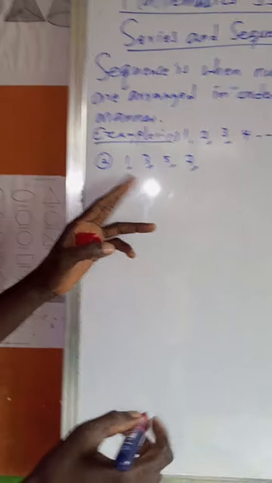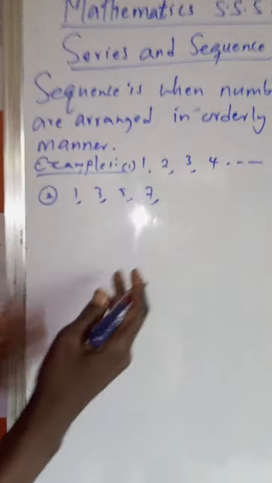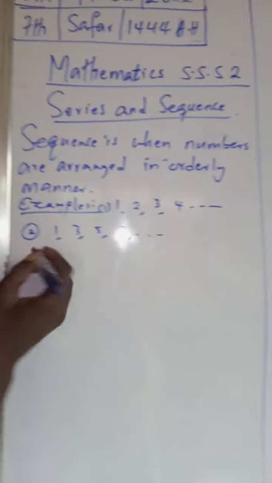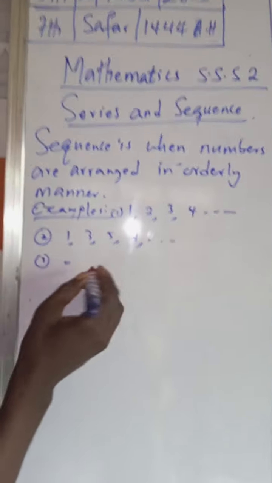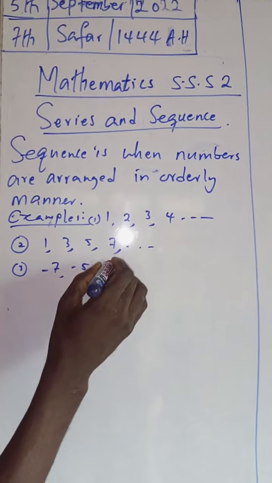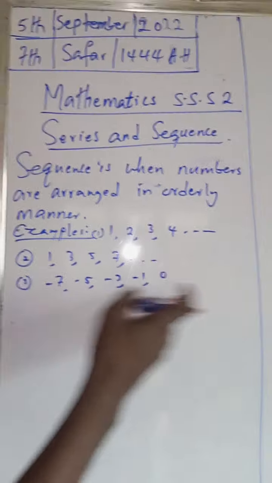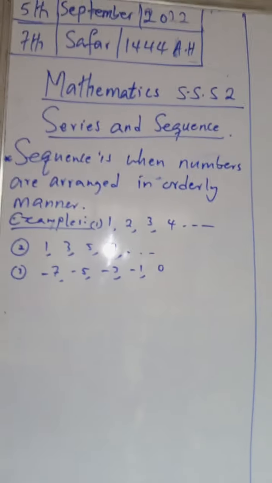You see that they are in an orderly manner. The difference between them is similar, and it could be something like minus 7, minus 5, minus 3, minus 1, 0. You see that they follow themselves in an orderly manner. So that's what we know as sequence.